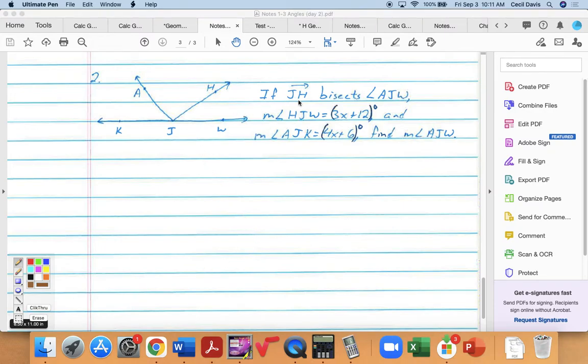So here it says JH bisects angle AJW. So this whole angle here is divided in half. The measure of angle HJW is 3x plus 12. The measure of AJK is 4x plus 6.